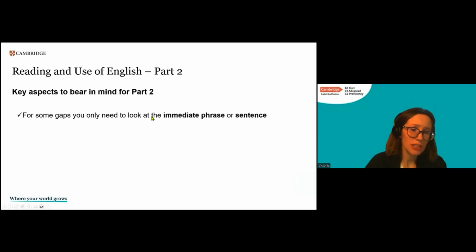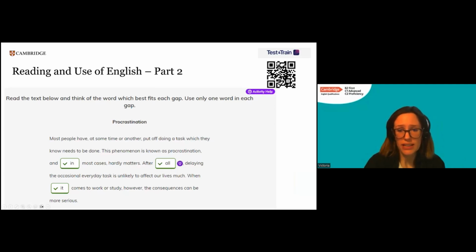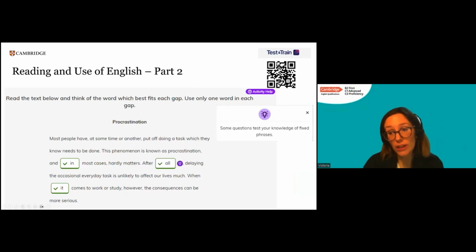In this part 2, for some gaps, you will only need to look at the immediate phrase or sentence. For example, in this case here that I'm showing you from Test and Train, our teaching and learning platform, you've got a light bulb trying to give you a hint, a clue that some questions test your knowledge of fixed phrases.